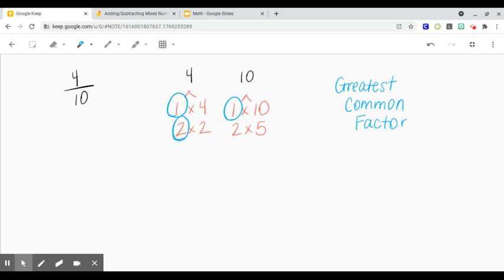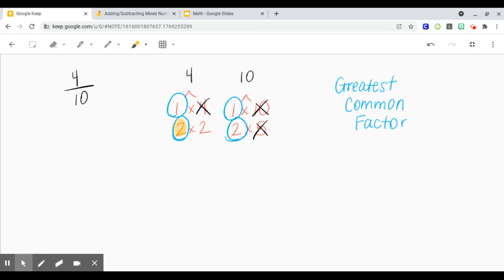They both have a 2 in common. But you know what? They don't both have a 4 in common, or a 10 in common, or a 5 in common. So in this case, the greatest common factor is 2, because although 1 is a common factor, it's not greater than 2. 2 is the greatest common factor.